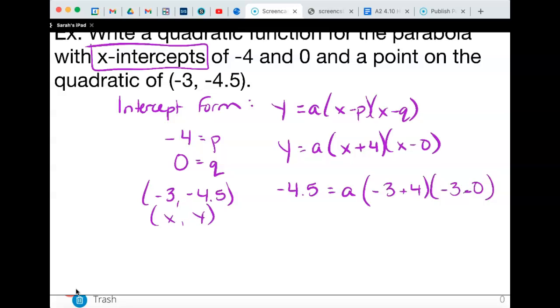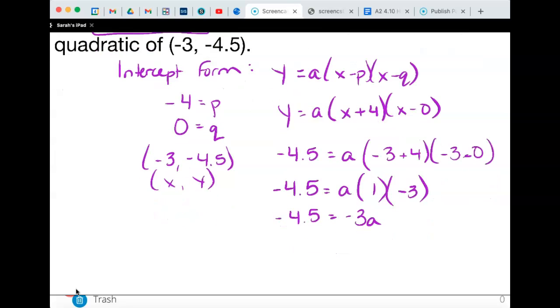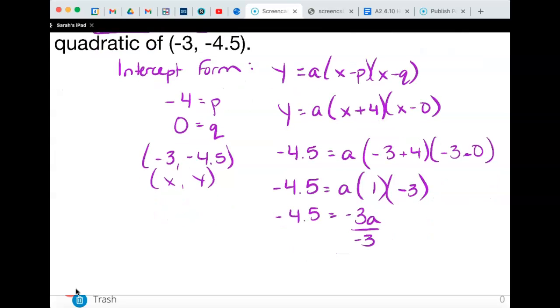And then order of operations to solve. Parentheses. So negative 3 plus 4 is 1. And negative 3 minus 0 is negative 3. Okay, 1 times negative 3 is negative 3. Move on, divide.